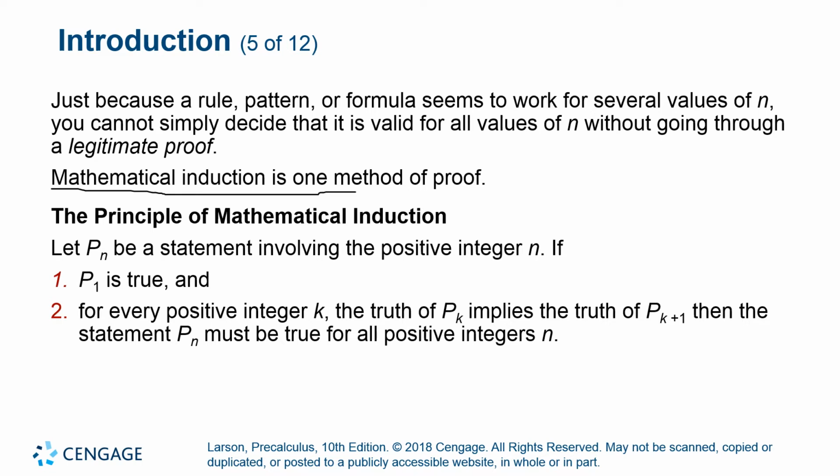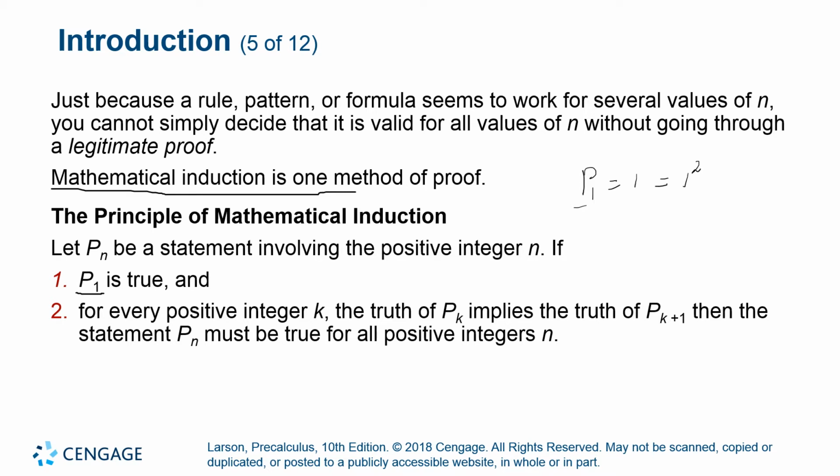First, we need to show that the first value comes out from the formula correctly. Remember the formula about adding the odd numbers. We showed that the first number, P1 in this case, would equal 1, which is equal to 1 squared. So this is true for adding all the odd integers.